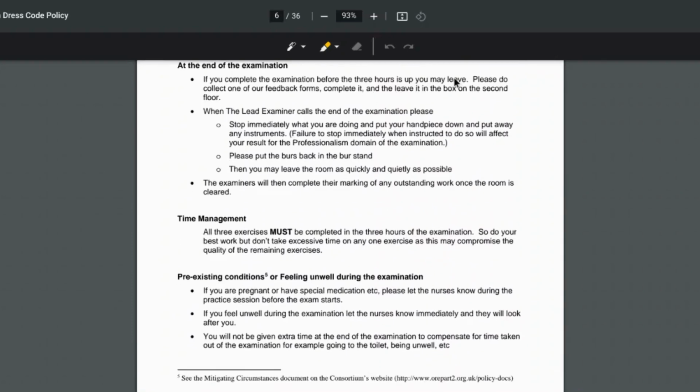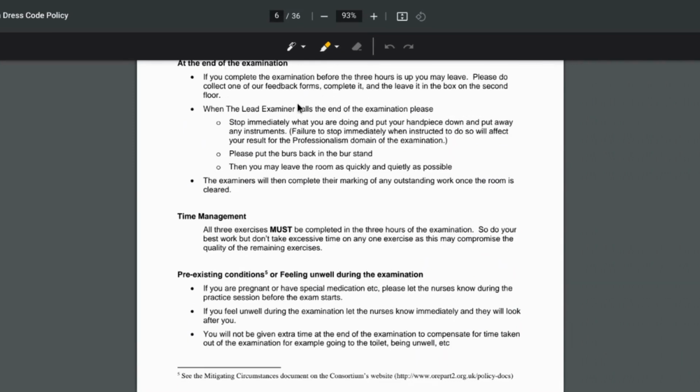You should complete them. They are regarding the system they followed during this test, the facilities, the system, and things like that. When the lead examiner calls the end of the examination, please stop immediately. Put the burs back in the bur stand. Then you may have to leave the room as quickly and quietly as possible.